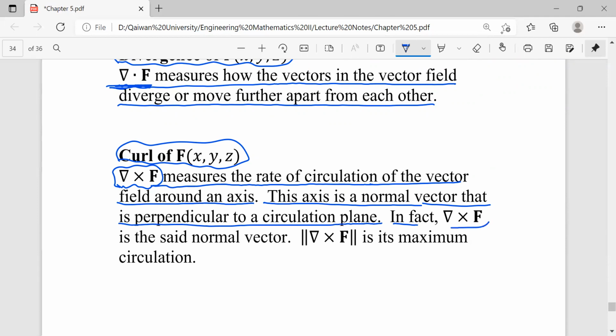Del cross F is that normal vector, and the magnitude of this cross product is the maximum circulation. So if you are asked to find the curl, you just find the cross product of del with the vector field. But to find the maximum circulation, we find the magnitude of the curl.